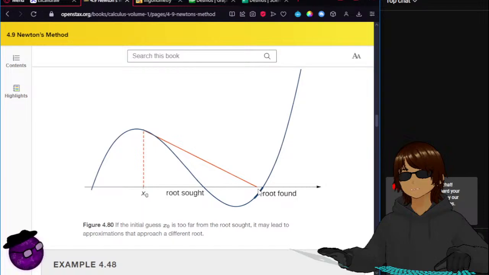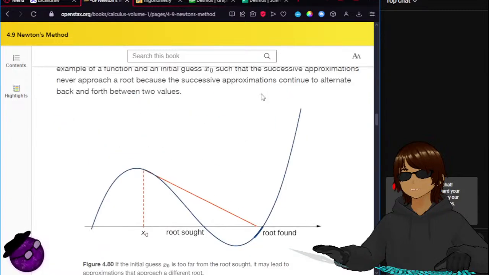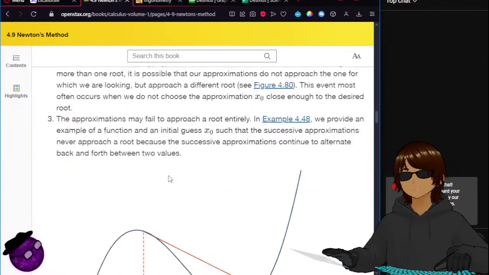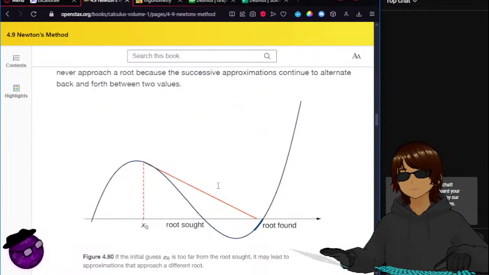So it's this. Example 4.48. Let's set x0 equal to 0.